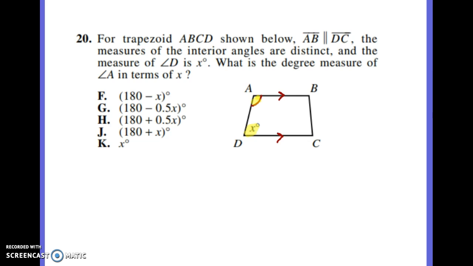They sum to 180 degrees. So if their total is 180 degrees and you subtracted x, that would leave you with angle A. So angle A is equal to 180 minus x degrees, which is answer choice F.